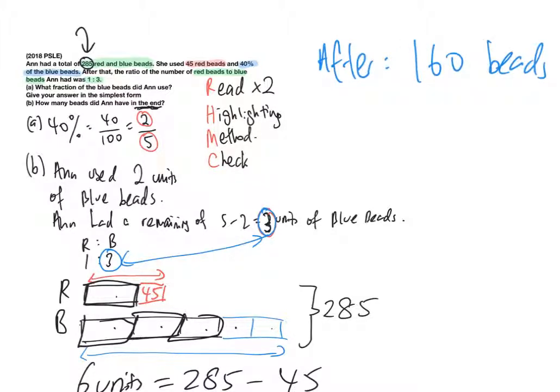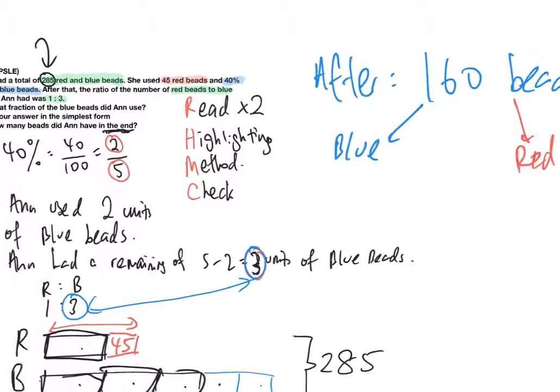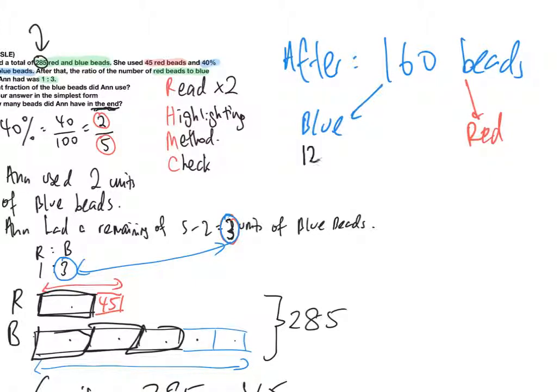Okay, so out of this there were some blue ones and some red ones. Okay, so in the end we know that the red is only 1 unit, the blue is 3 units, so the blue ones will be having a value of 3 units, which is 3 multiplied by the 1 unit, which was 40 here.